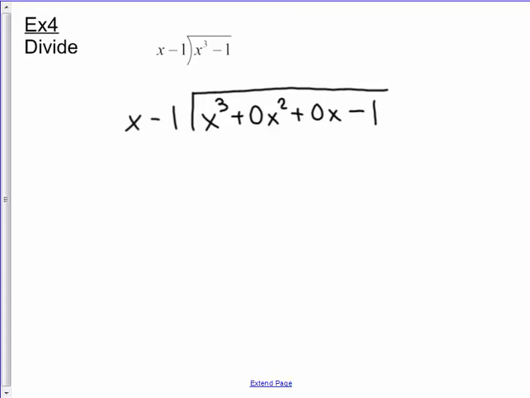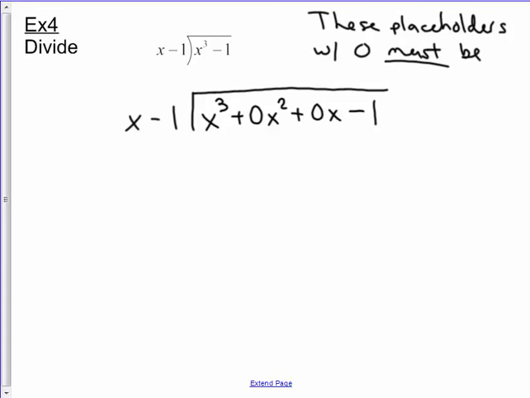Now the same thing would hold if I was dividing by x squared minus 1, which I'll show you in a second here. So the placeholders with 0 must be added. Has to be in descending order. I can't skip any.